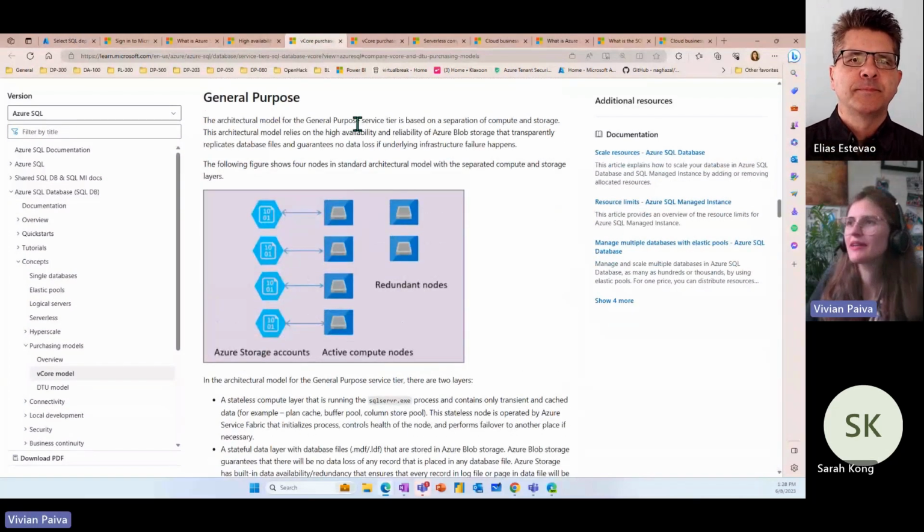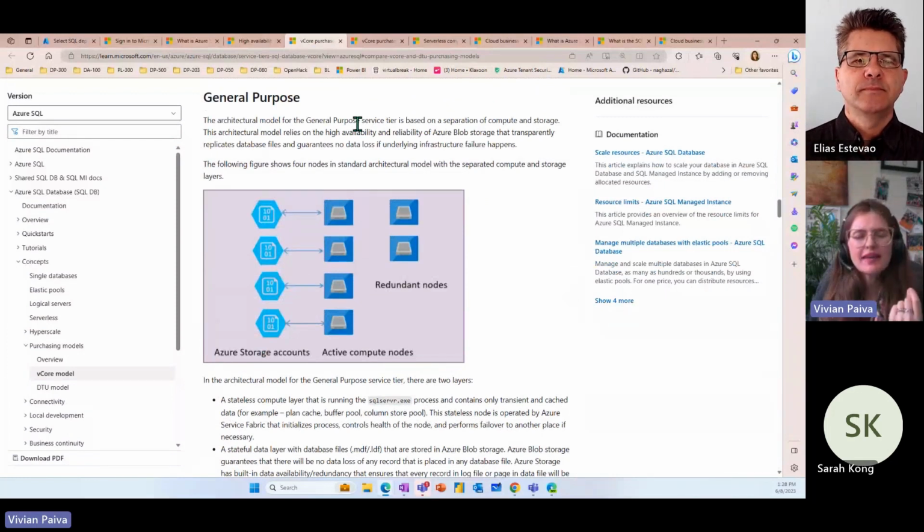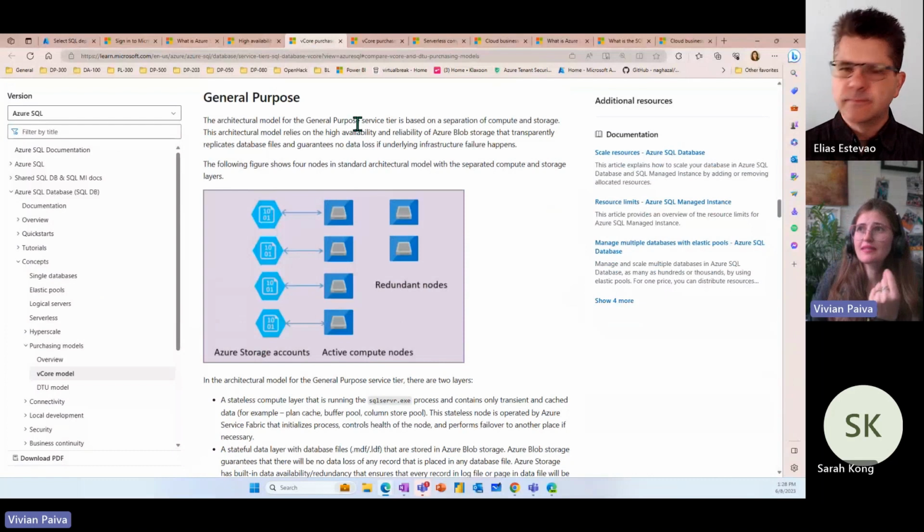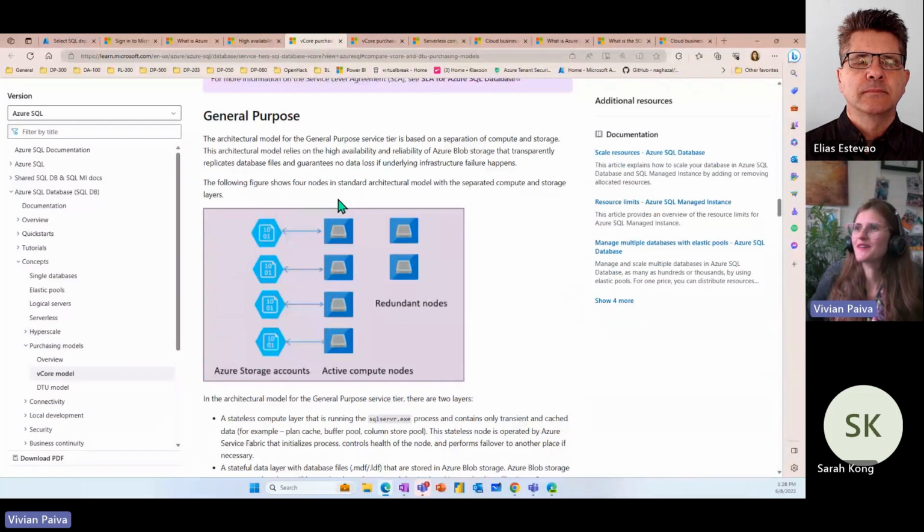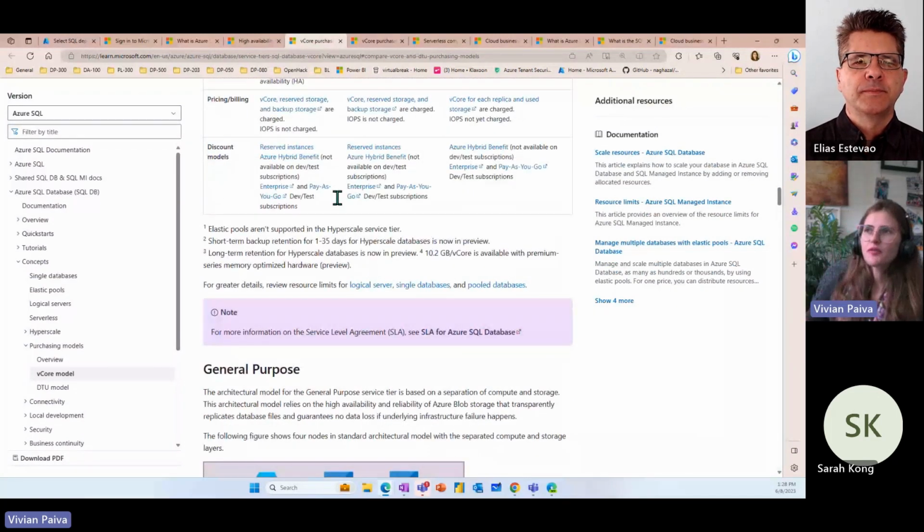So again, here it is. It was in the documentation. So what is the impact of the service tier? As I said, we need to be aware that it would impact the amount of resources that you're going to get.